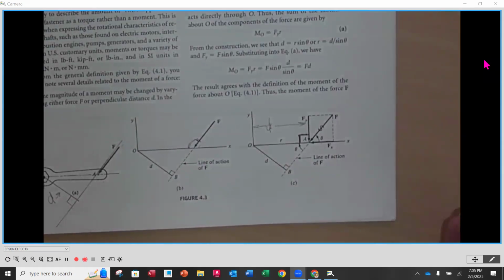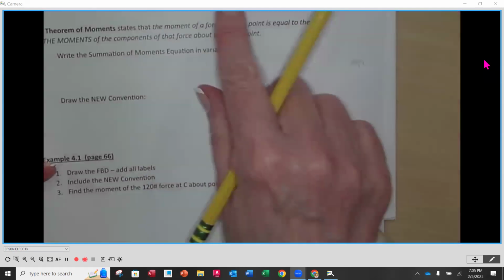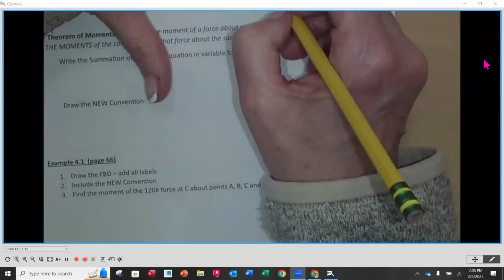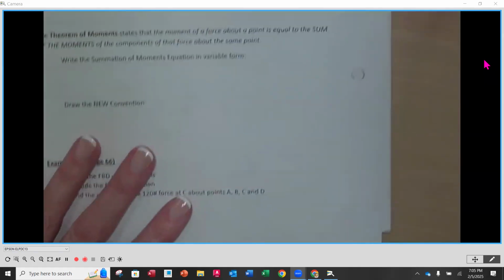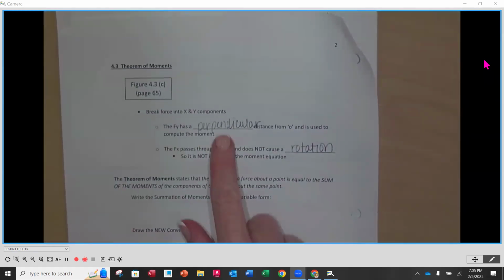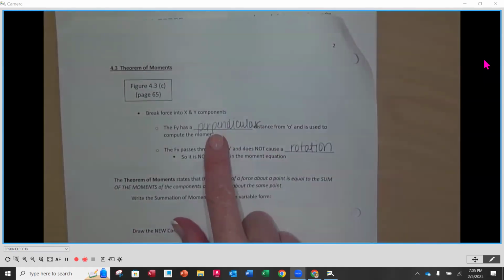It's not going to cause a rotation. That's another way to know: if there is a distance, it would be causing a rotation or a moment. But in the case of the X component, it's not going to cause a rotation. So on page 2, you've got perpendicular and rotation.